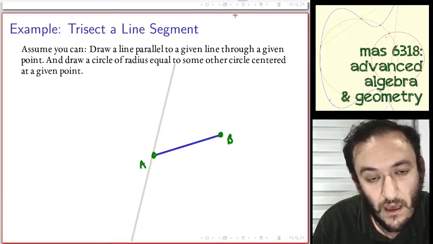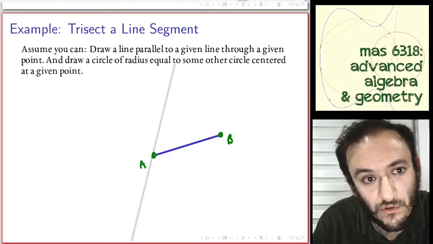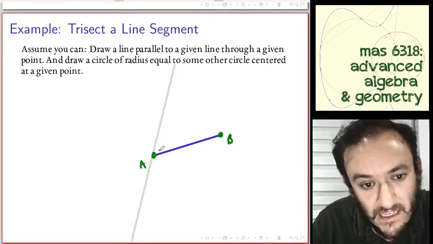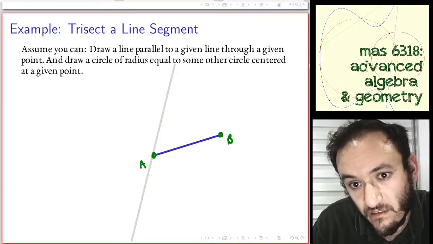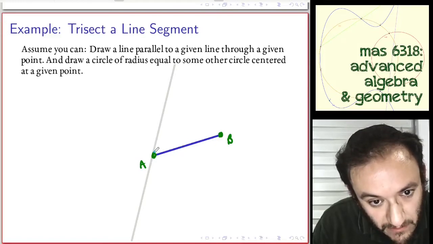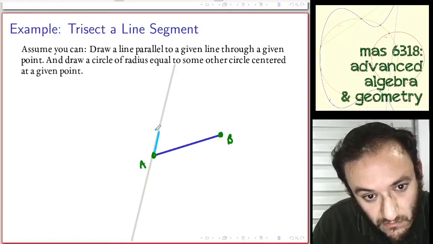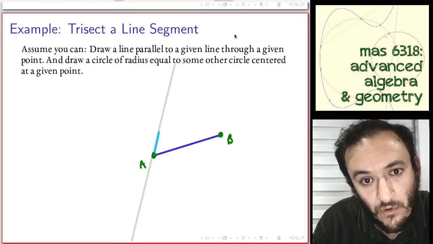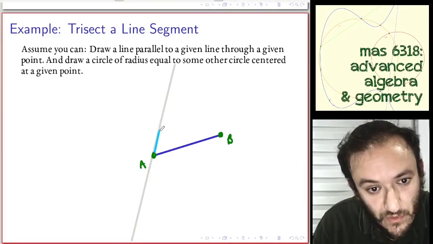Okay. And now we're going to draw a line segment of unspecified length along that line. So let's just say that long. Okay. And now we're going to use circles to repeat that length.